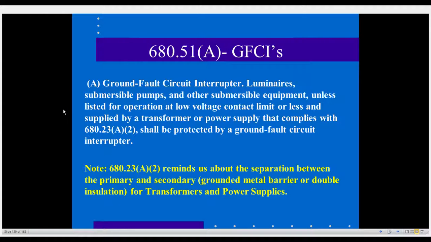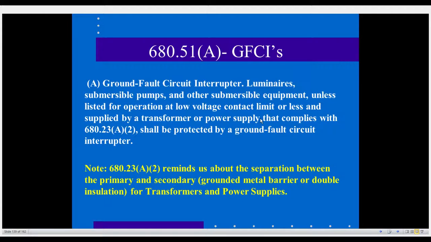680.51(A) talks about GFCIs. And let me get mine started here so I can be with you. Now it says ground fault circuit interrupters, luminaires, submersible pumps, and other submersible equipment, unless listed for operation at the low voltage contact limit, which we talked about a little bit in Part 1. This is a lower voltage.